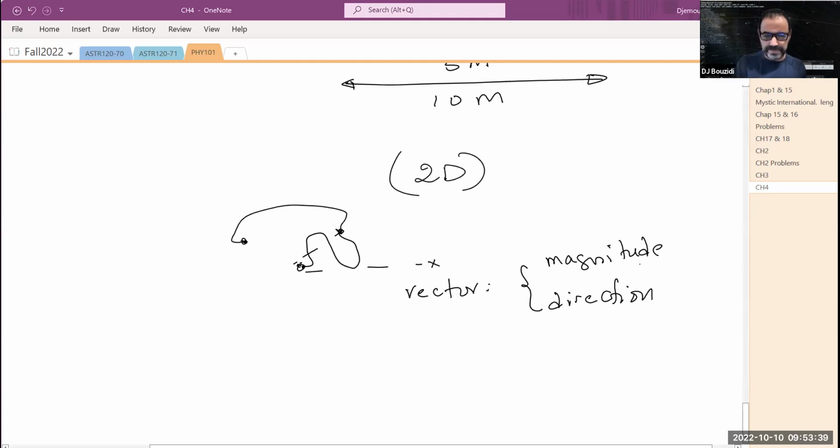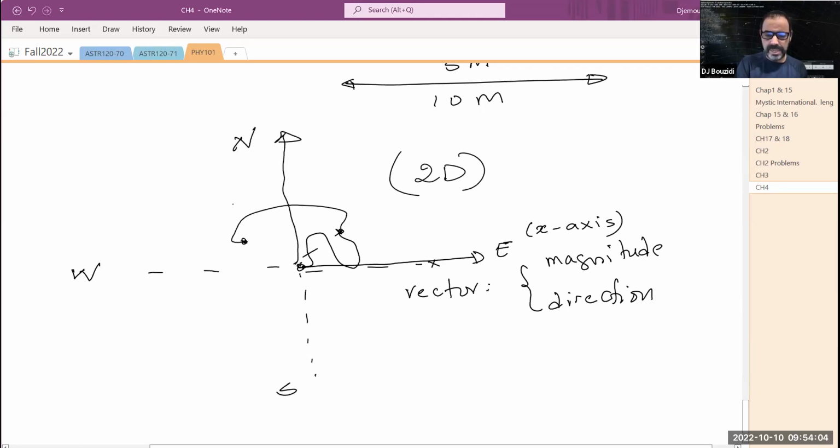In a two-dimensional motion, this is usually the east-west direction. So this is the east, and that is the west on the opposite direction. This is usually labeled the x-axis. And going from south to north, that is usually labeled the y-axis.